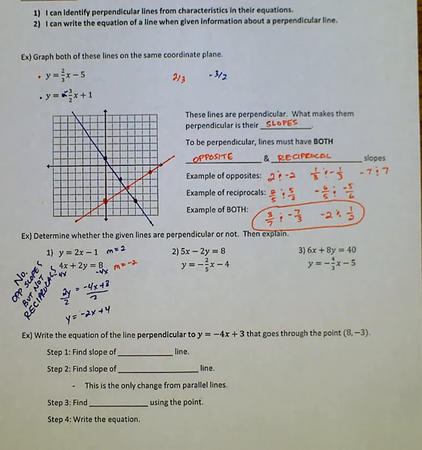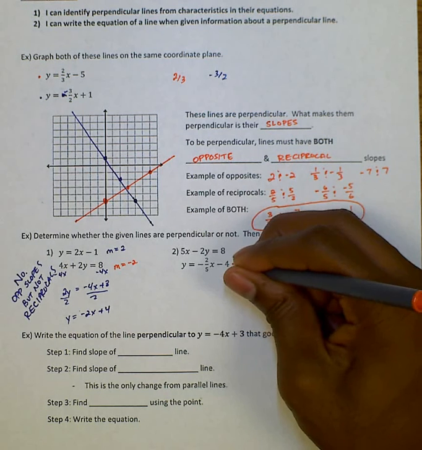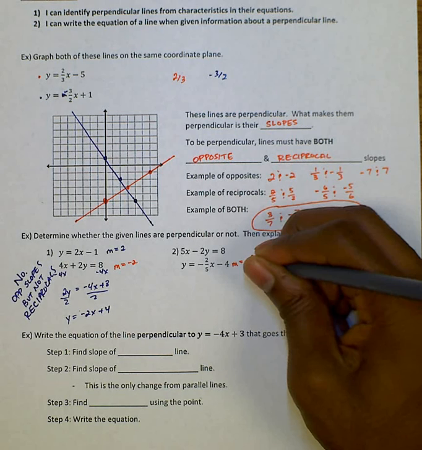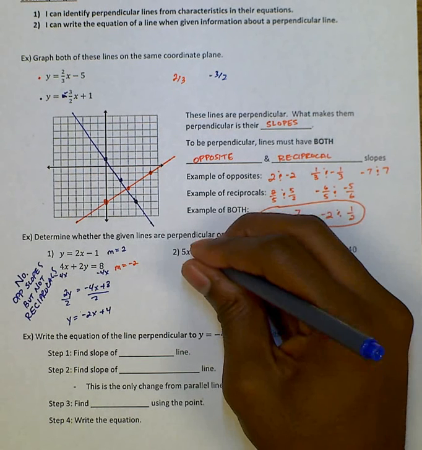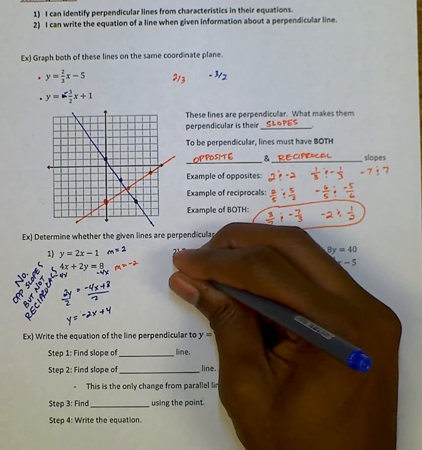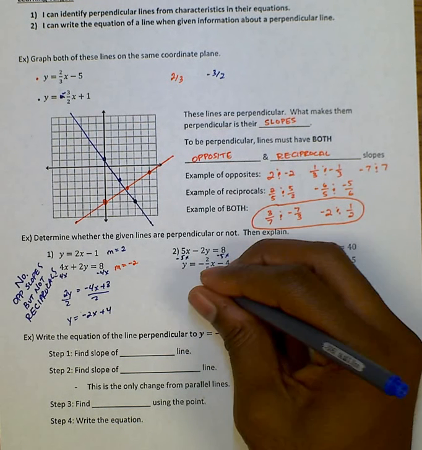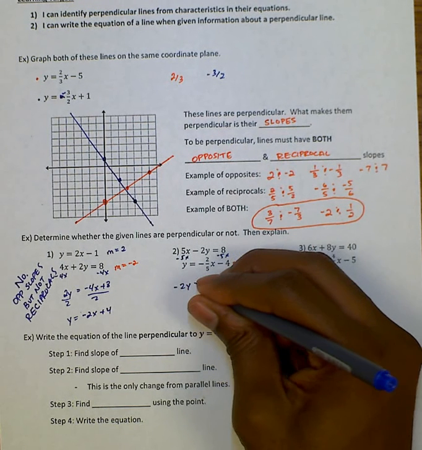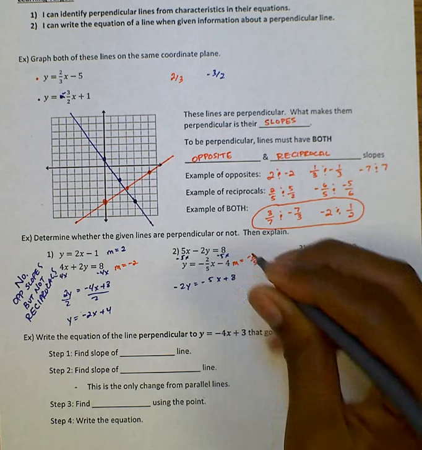Number 2 here, we're given the slope of negative 2/5 right away in our second equation because it's in slope-intercept form. Here I need to make sure I put it in slope-intercept form, so I'm going to subtract 5x from both sides. And so I'll get negative 2y equals negative 5x plus 8, divided by negative 2.